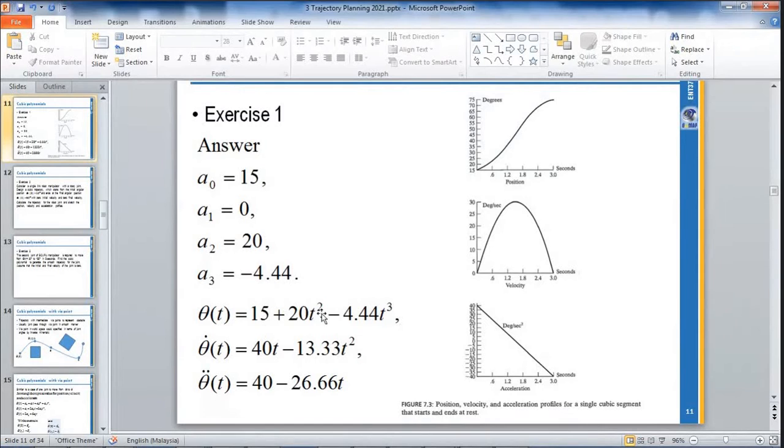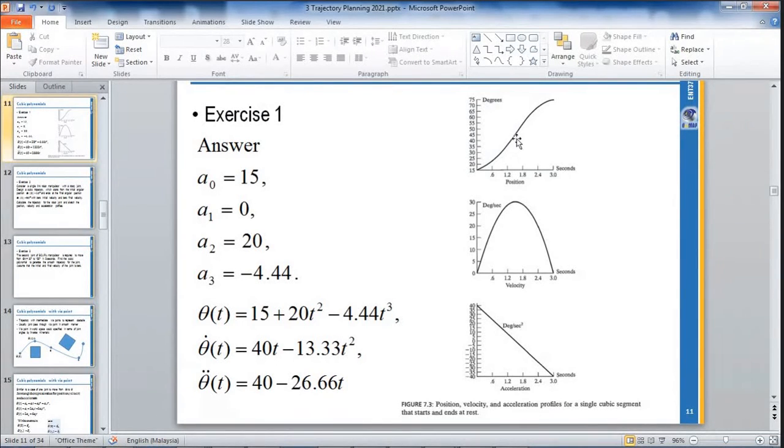So 15 plus the value here minus the value here. From this, when you replace, you found that your position at 1.5 degree is somewhere here.